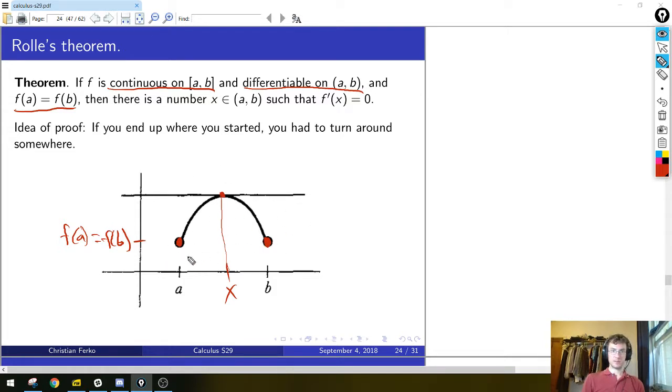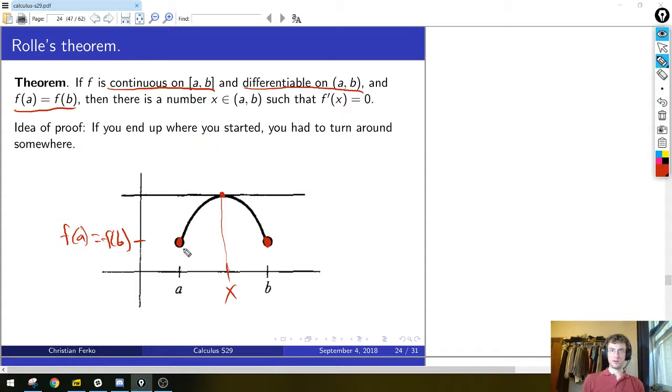So the idea is basically if you start at x equals a, at f of a, and then you evolve for a little while and end at some place b with an f of b, and if you end up at the same place where you started, that means f of a equals f of b, then you had to turn around somewhere, right? If you started going up, somewhere you had to turn around to come back down, and that's where the derivative is 0.